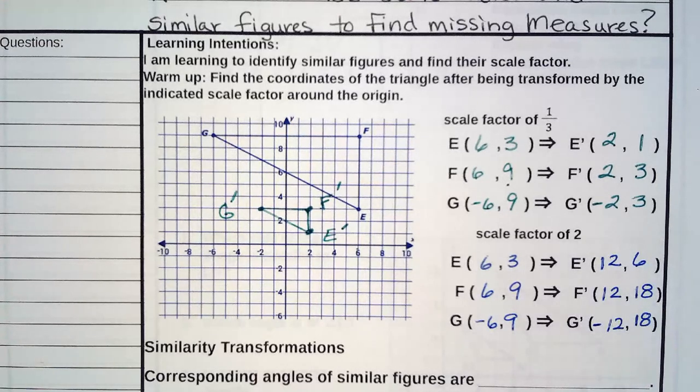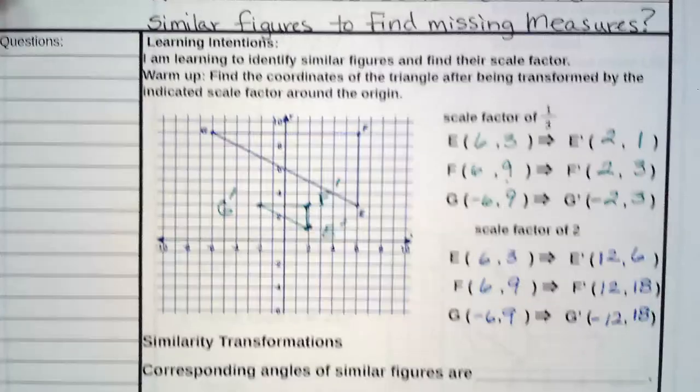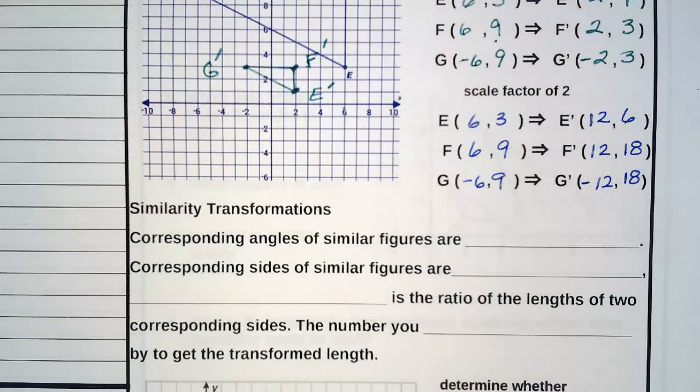Those are your new coordinates. Even though we cannot graph them, we know that that is correct because we multiplied both the x and the y by 2. So now we're going to look at similarity transformations.